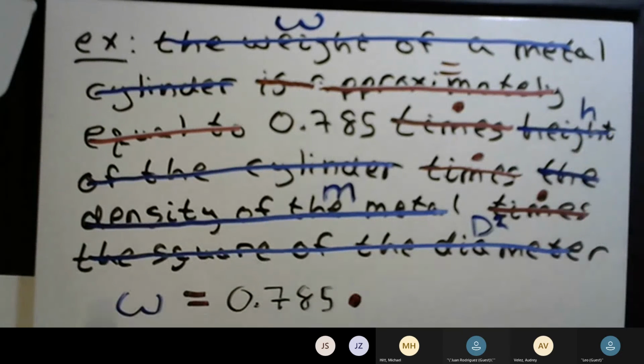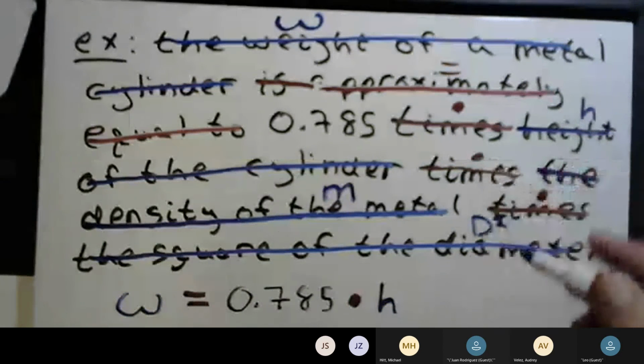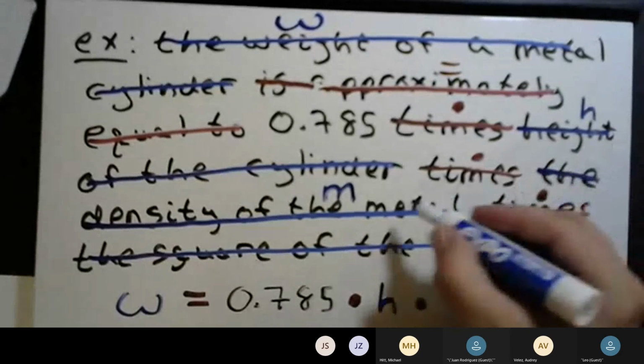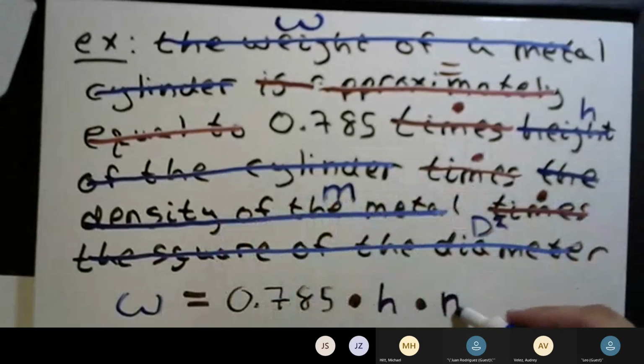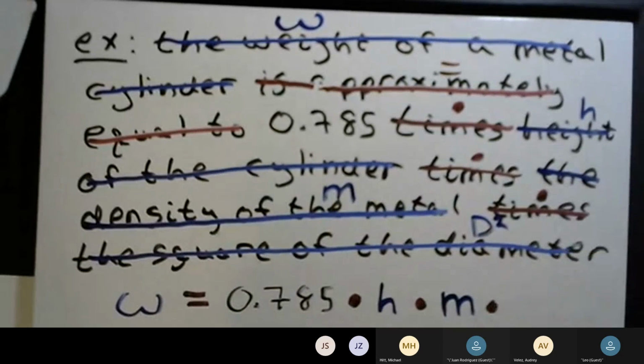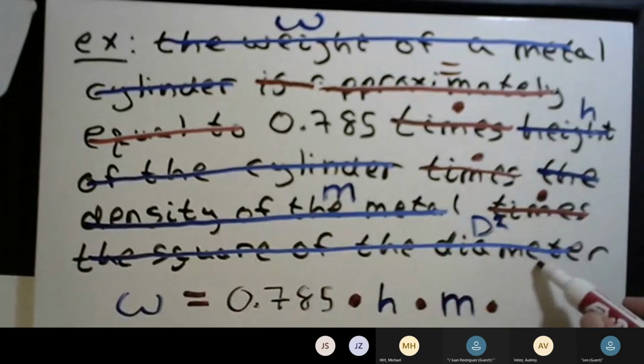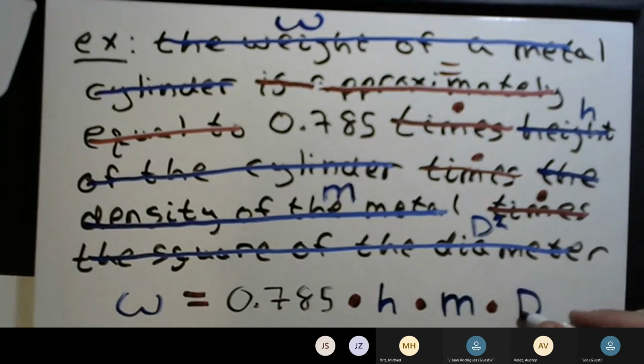Then there's an H. There's another times. Then there's this, which became just an M. And then there's another times after that. And then we have the square of the diameter. I'm calling the diameter capital D. So we're squaring it. D squared.